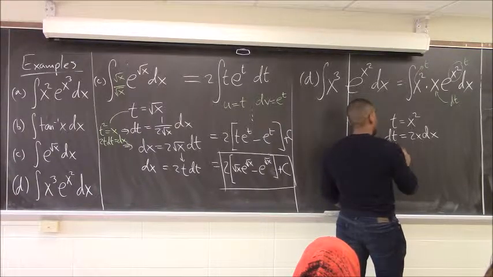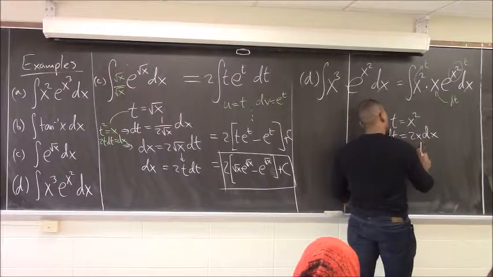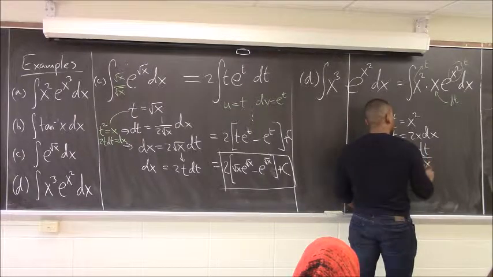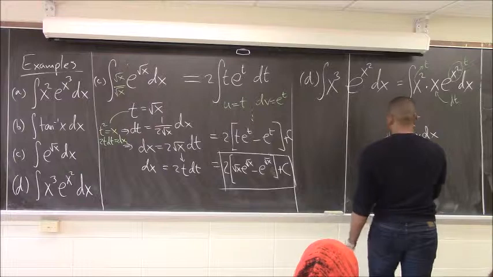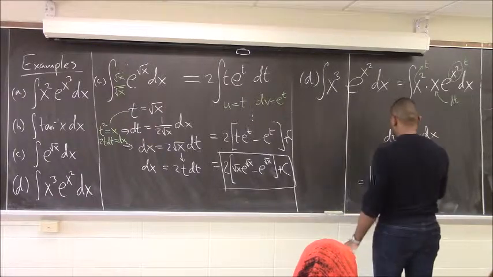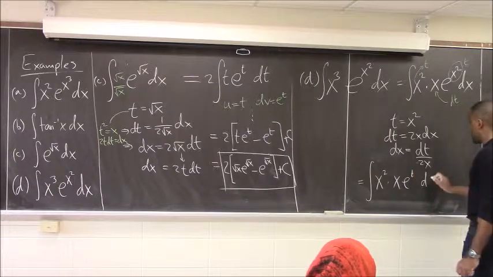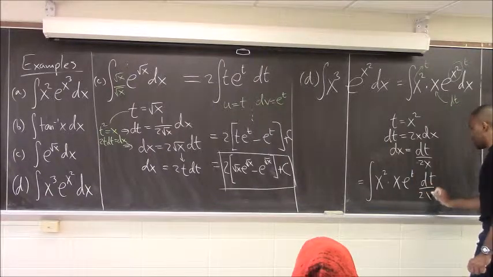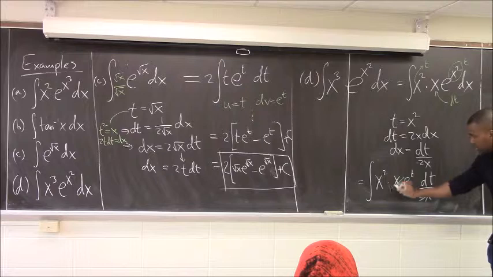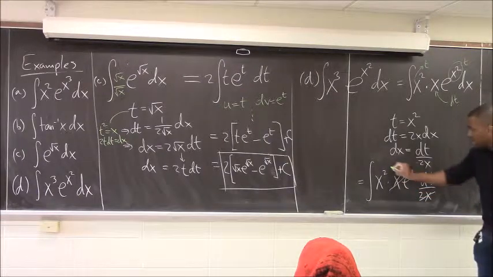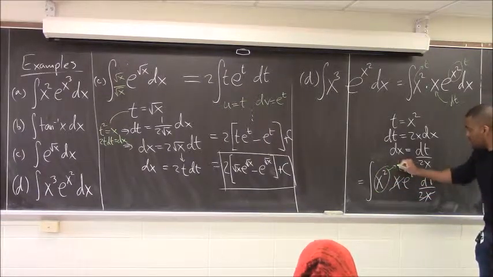We like to solve for dx. So you would plug it in, so you'd have x squared times x e to the t times dt over 2x. This x would cancel that x. This x squared would become t.